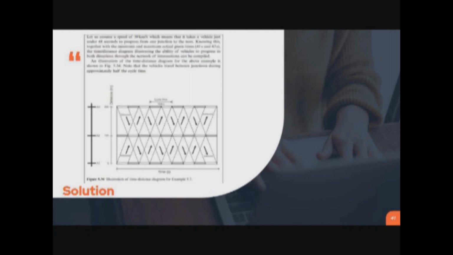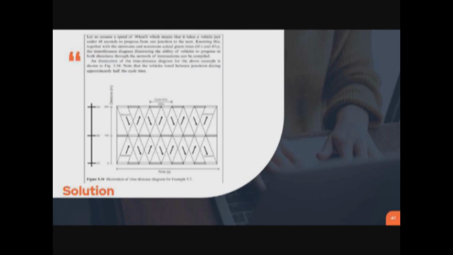An illustration of the time-distance diagram for this example is shown in figure 5.34. Note that vehicles travel between junctions during approximately half the cycle time.